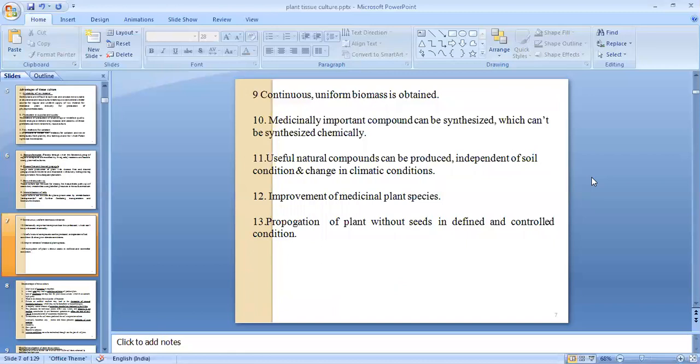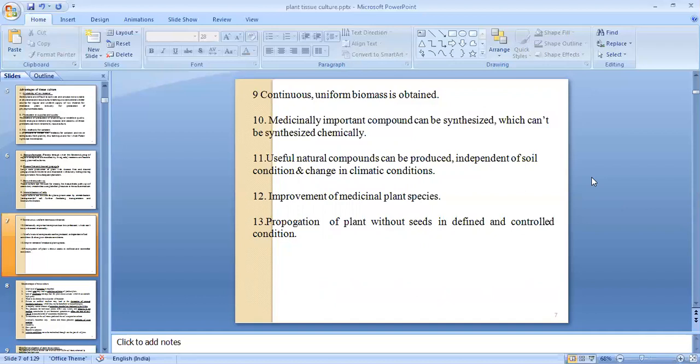And next, continuous and uniform biomass is obtained, so that there is no prevention in the supply of the demand. And the medicinally important compounds can be synthesized which do not have specific procedures to synthesize chemically. And the useful natural compounds can be obtained by this method without the normal conditions like soil and change in climate and other things.